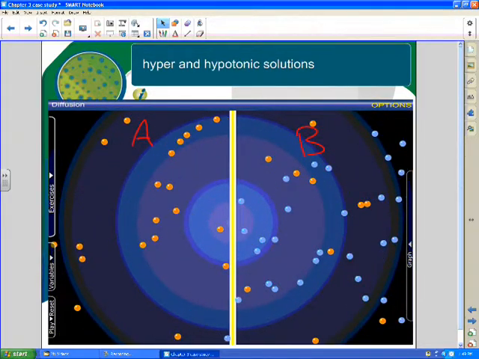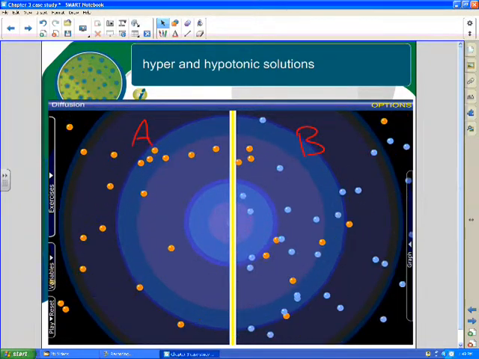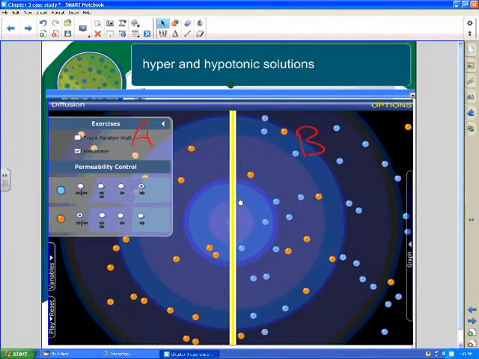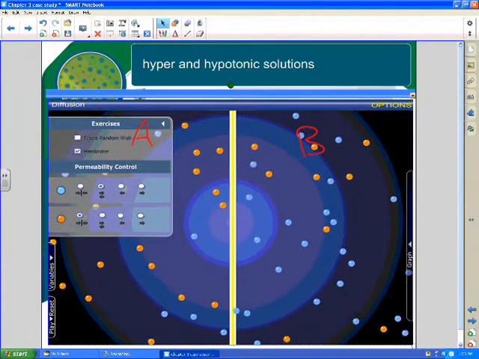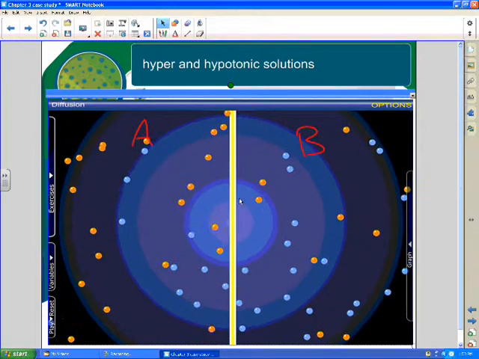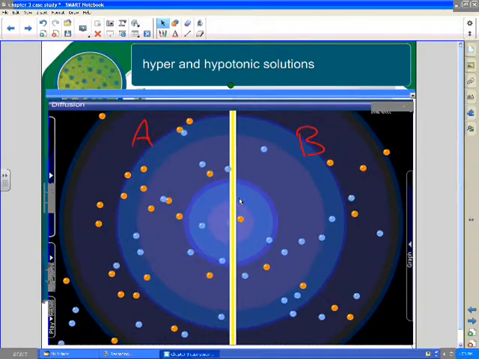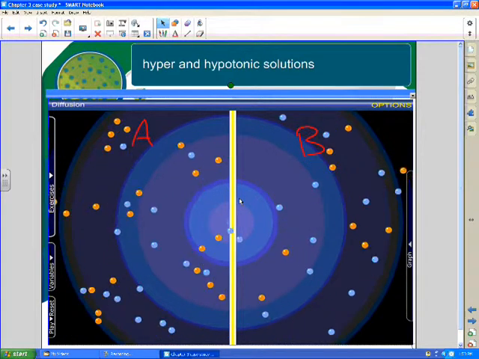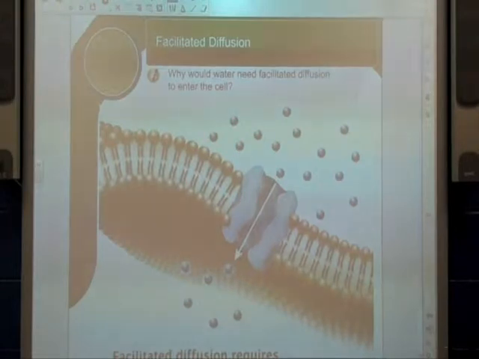If side A is the cell, then we would call this side B a hypotonic solution, because the cell is in a solution where water is moving into it. So let's make that happen. So we're going to allow both now to move here. So I've got this high concentration of water now moving in, hypotonic.